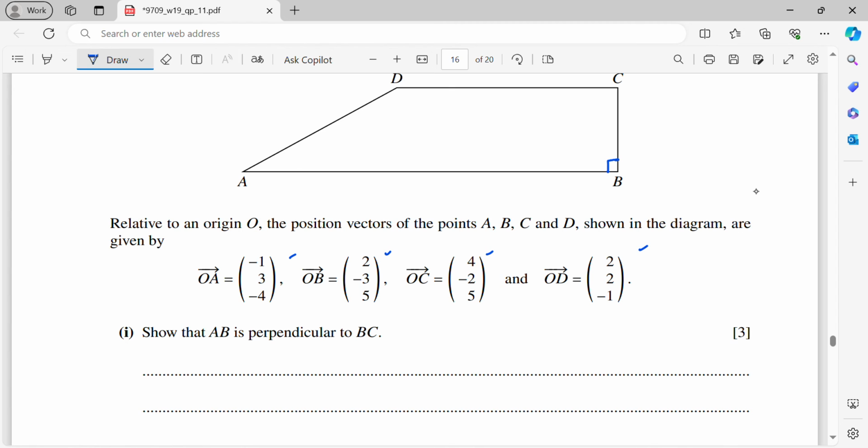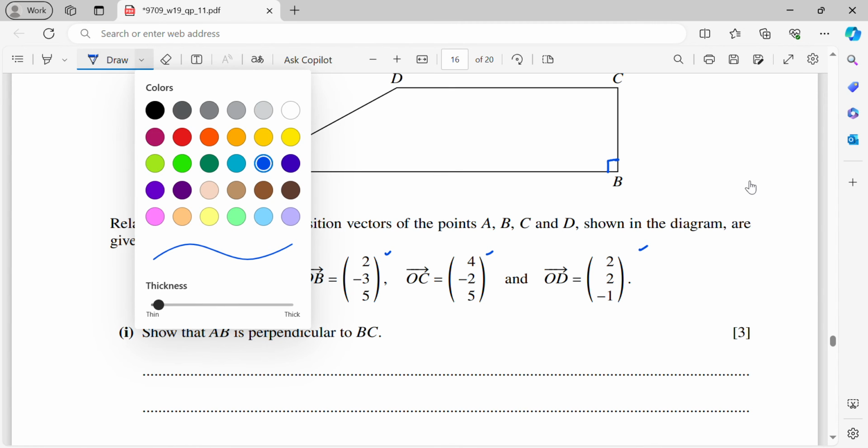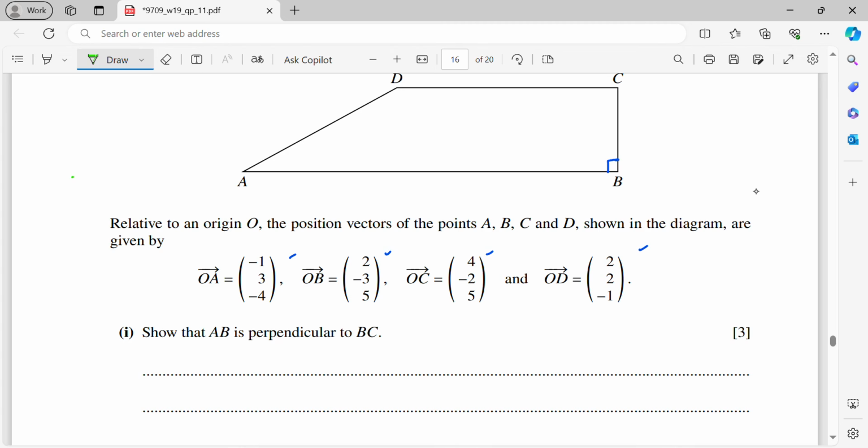So now what we do here is, I will use vectors to show. When two vectors are perpendicular to each other, let's say here A and B, 90 degrees, the scalar product will be 0.